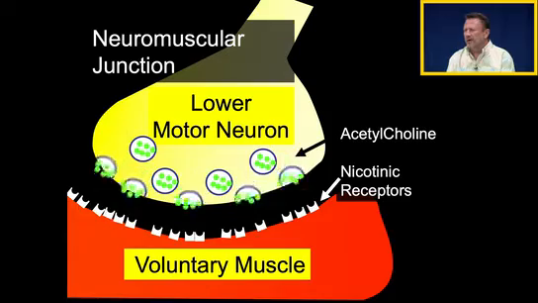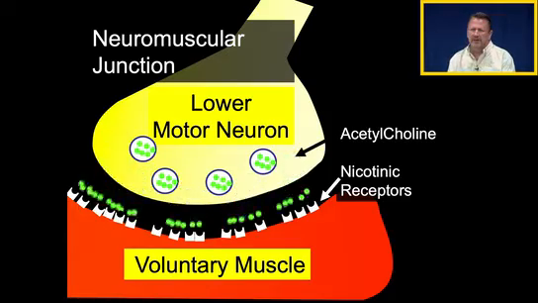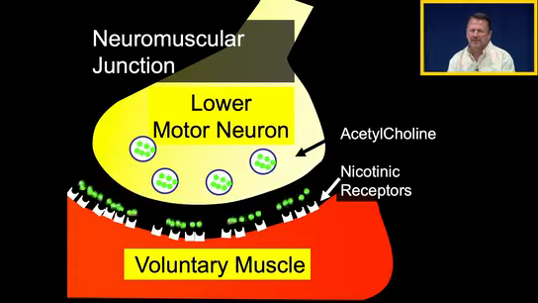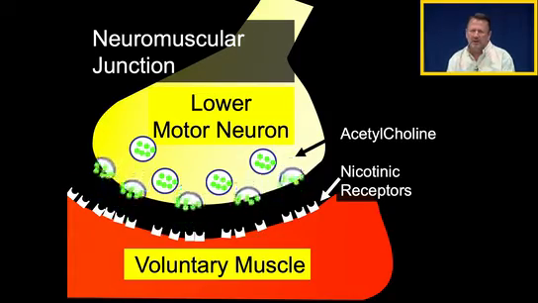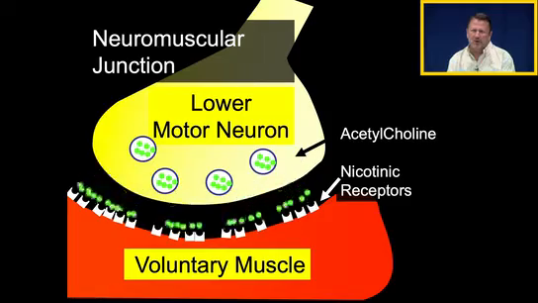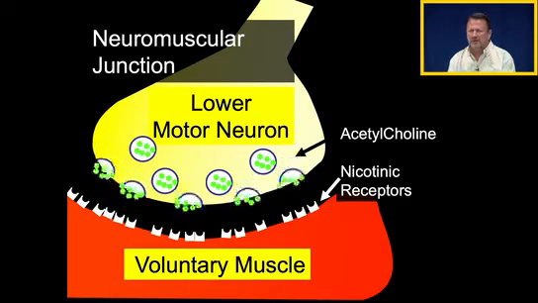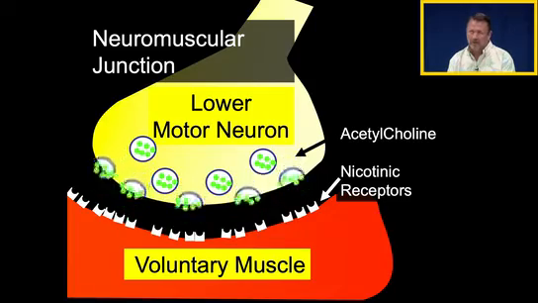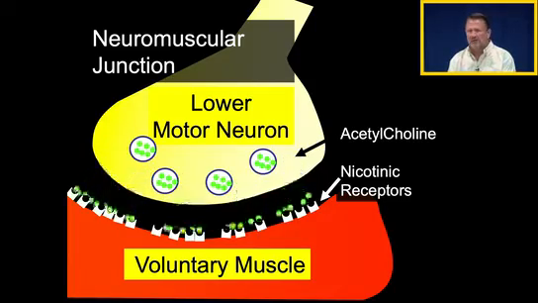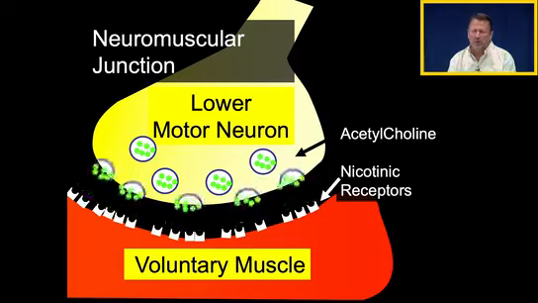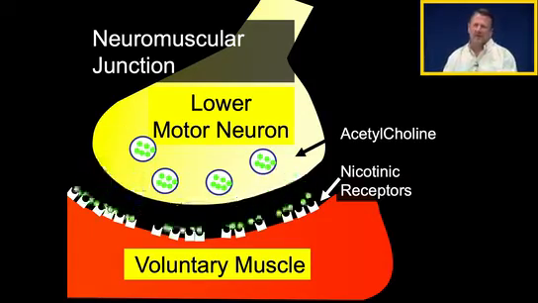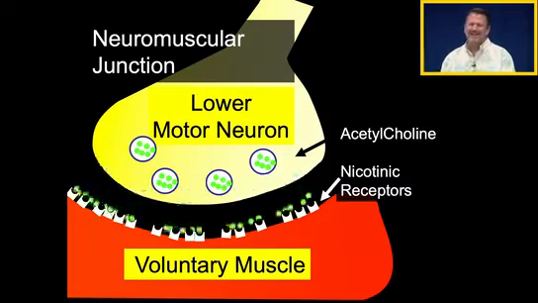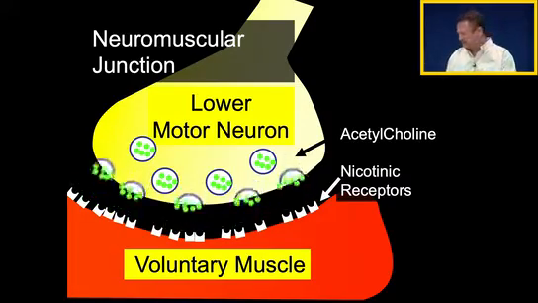All right, so here we are at the neuromuscular junction, and I've taken my same neuron cartoon and my same postsynaptic cartoon. And here we have a lower motor neuron that starts in the ventral gray matter of the spinal cord, and then it goes out to voluntary muscle. And so acetylcholine will always be the neurotransmitter used in the neuromuscular junction, and it's going to be sensed by nicotinic receptors.